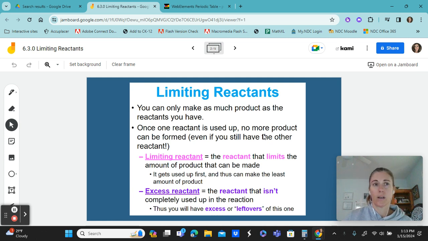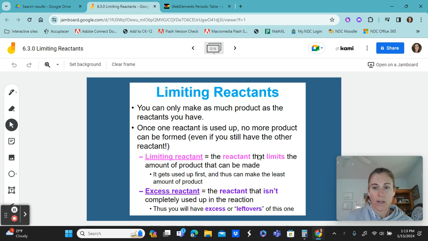Once one of the reactants is used up, your product creation stops. So limiting reactants control how much product you can make. You can only make as much product as the reactants you have. Once a reactant is used up, no more product is formed, even if you still have other reactant. You'll just have what's called excess.